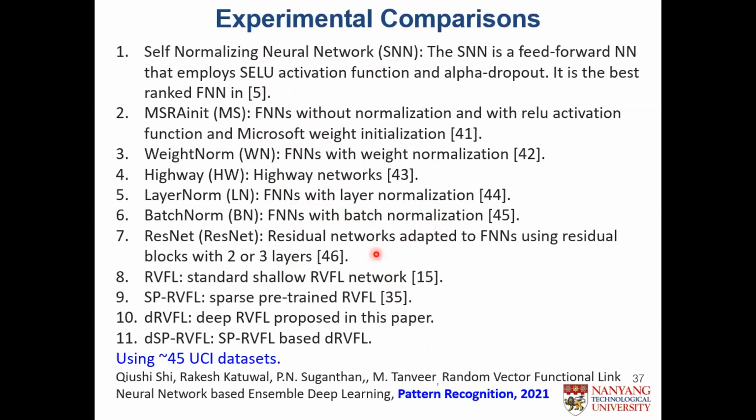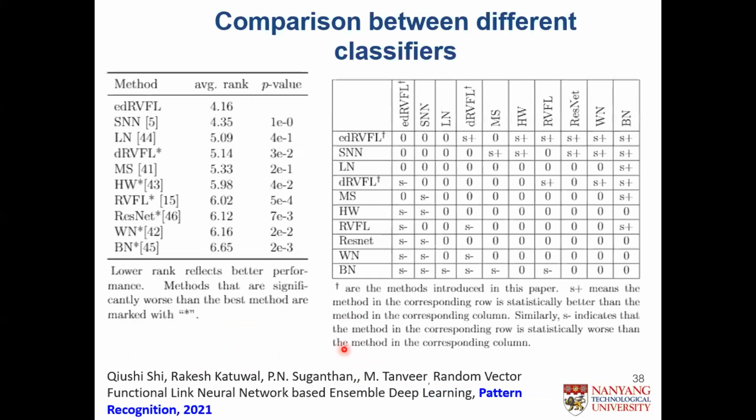So we considered lots of deep neural networks, ResNet, and the basic RVFL, SP-RVFL, deep RVFL, and all these were considered. The details are in the pattern recognition paper. We used about 45 UCI data sets, and the results are given here. The ensemble deep RVFL performs the best, and you can find the details in the pattern recognition journal paper.